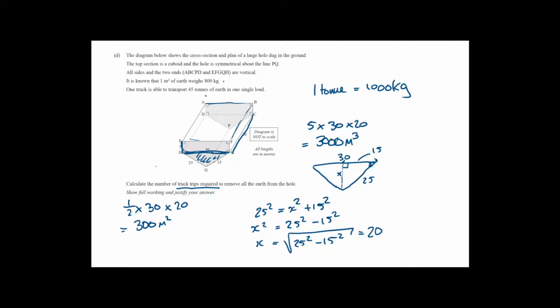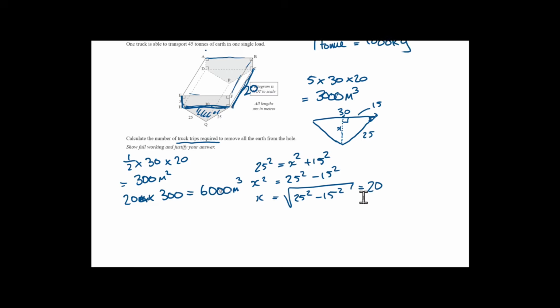And now we want to convert that into volume by multiplying by the depth down here, and this is 20. So the volume of that triangular prism at the bottom there is going to be 20 times 300, which is 6,000 meters cubed.